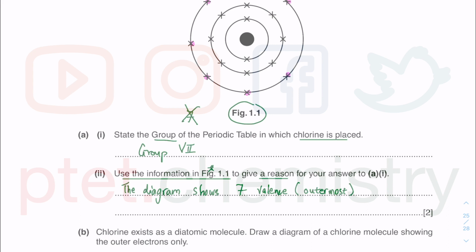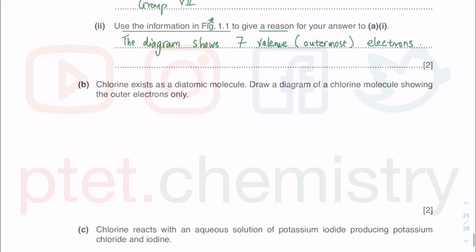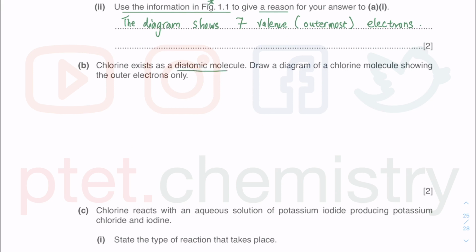There are 7 electrons in the outermost shell. It's the same thing as saying there are 7 valence electrons. That's why it's group 7. Now, chlorine exists as a diatomic molecule. In the earlier bit of this tutorial, we talked about diatomic, meaning 2 atoms combined together. Now, draw a diagram showing outer shell electrons only.